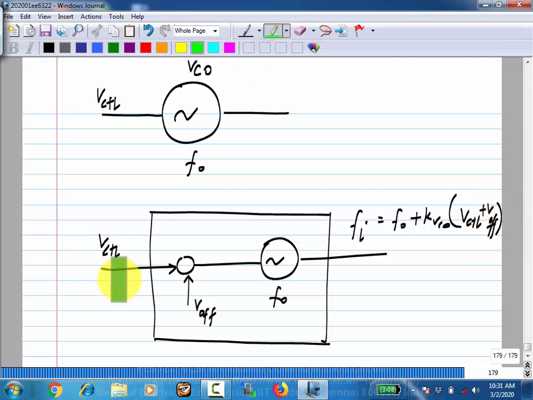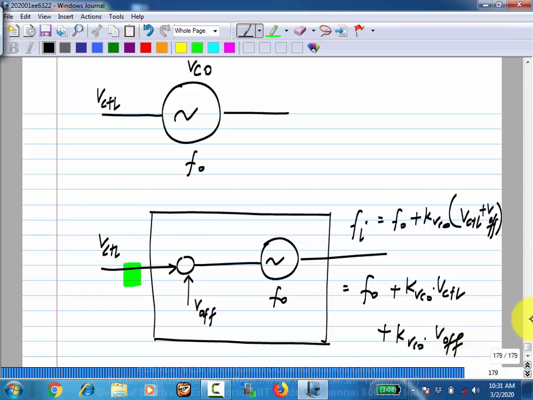But the external control voltage that I apply to the box is just this, right? So I can write this as f0 plus kVCO times V offset plus kVCO times V control. Sorry, let me write V offset here and V control there.